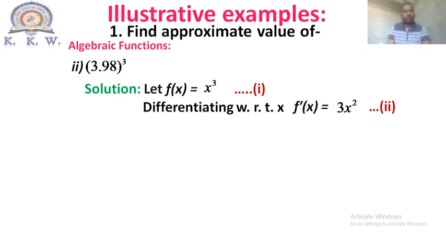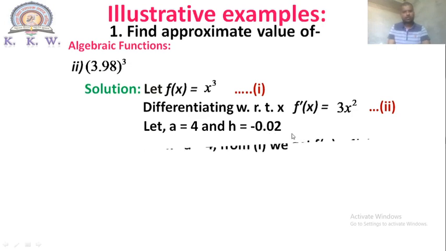Now, we are going to find value of a and h. Find out value of a near to 3.98 such that we can make its cube easily. Therefore, its value is 4 and h is 3.98 minus 4. Therefore, h should be minus 0.02.